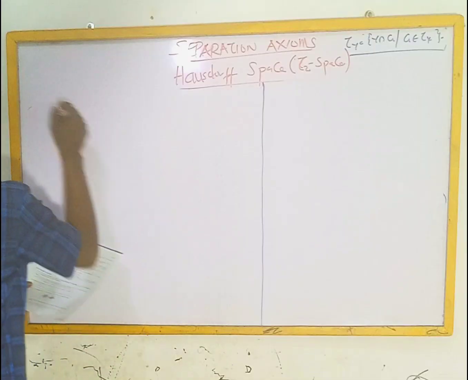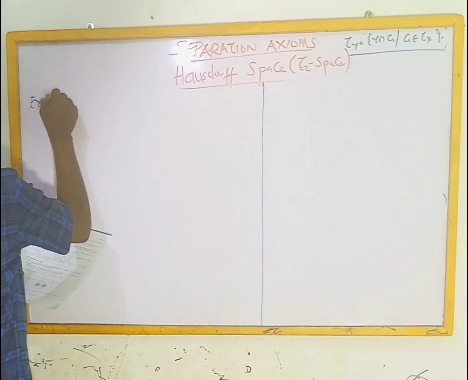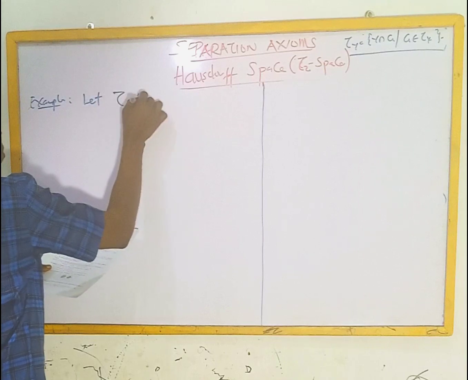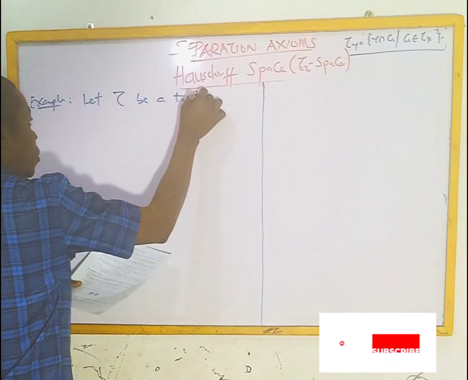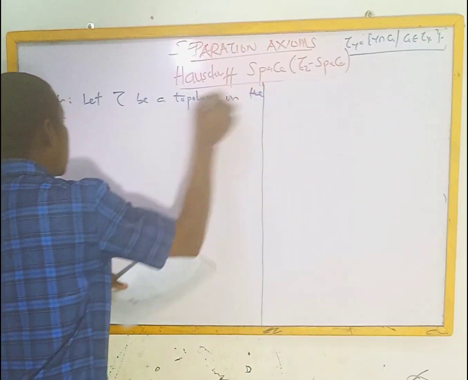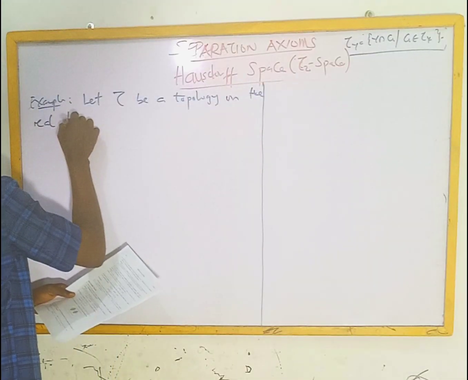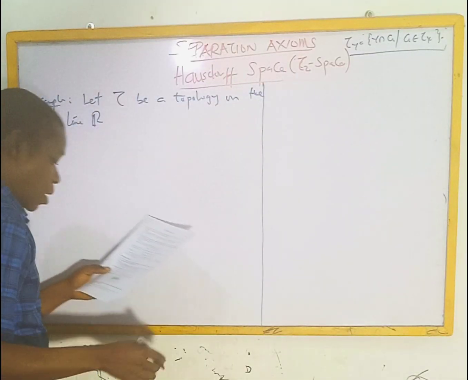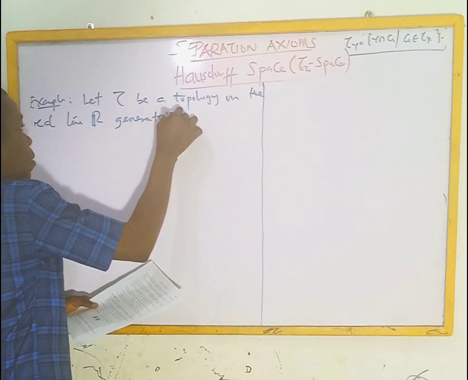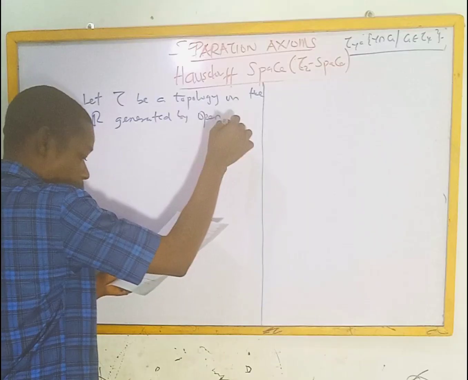It says, let X be a topology on the real line R, generated by open what?